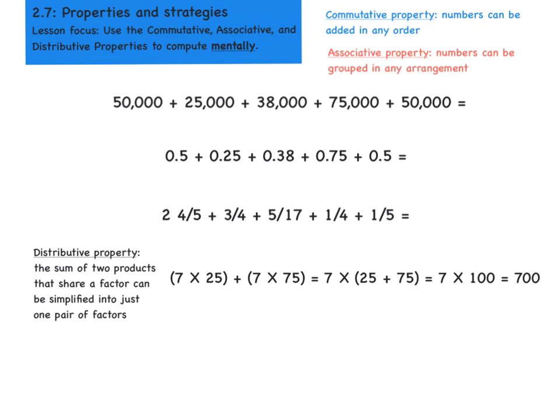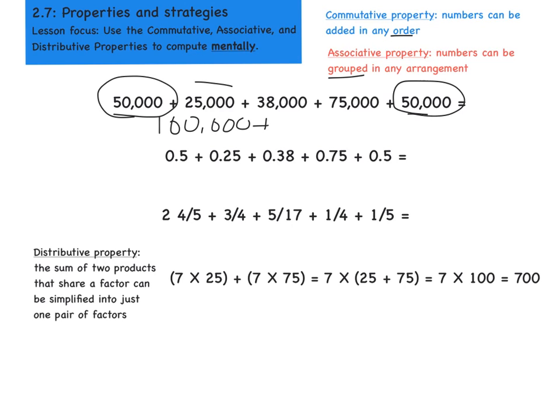However, we could use our brains to help us be even more efficient than that, because if we look closely at these numbers, there are things that we can group differently or a different order in which we can do things in order to add these together. For example, here we have 50,000 and 50,000 add up together for 100,000.